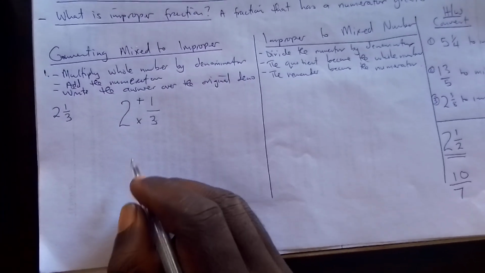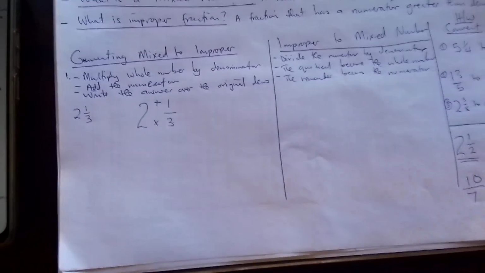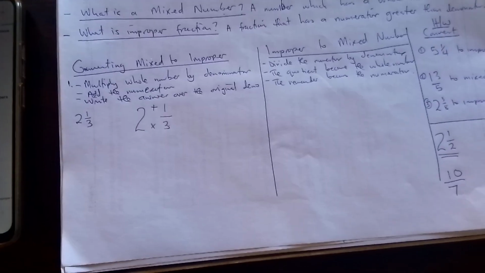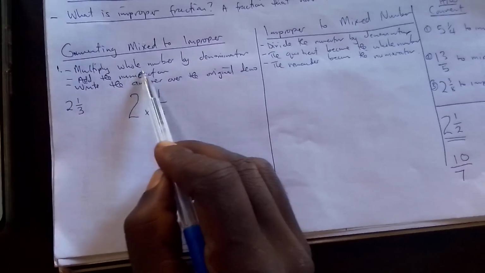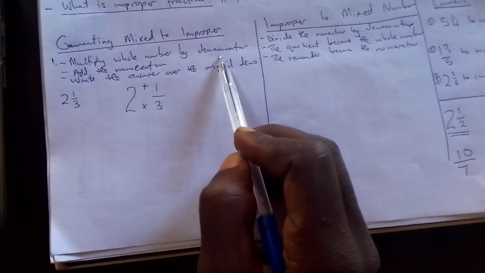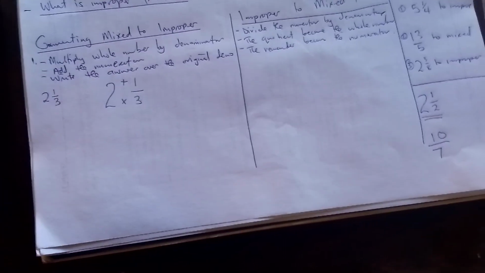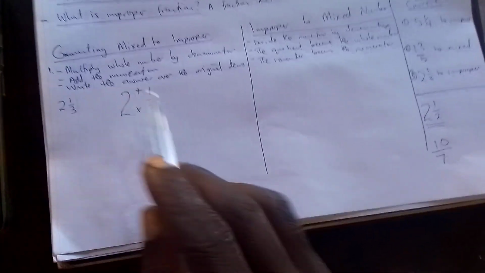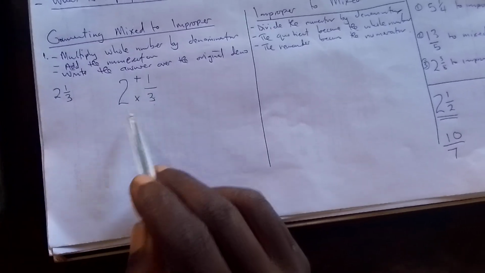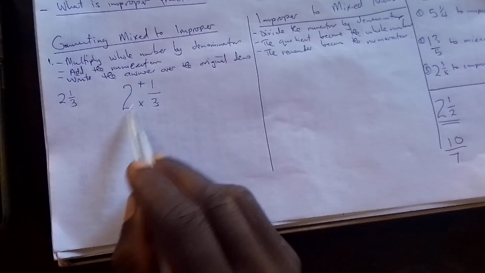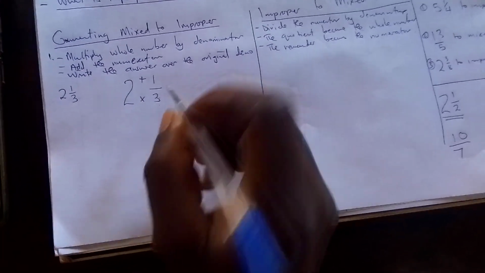So let's do the addition now. The whole number is 2, denominator is 3. So let's multiply. 2 times 3 is 6. Add the numerator, it becomes 7.